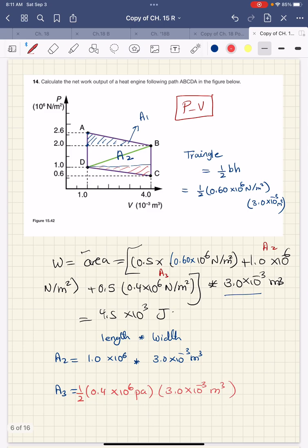This concludes the first section of chapter 15, which is the first law of thermodynamics.